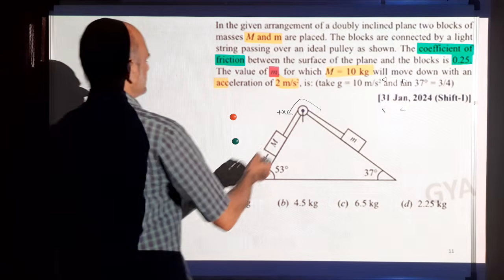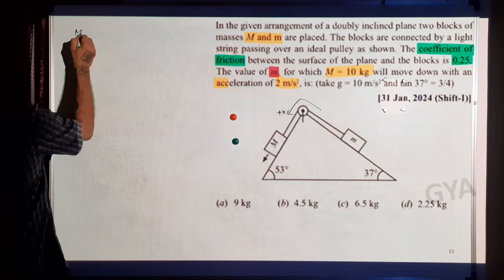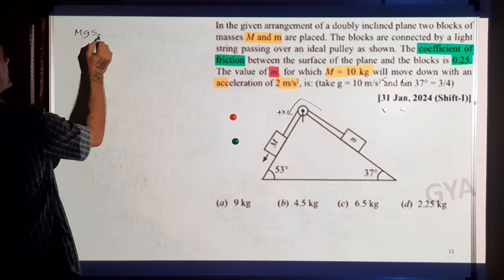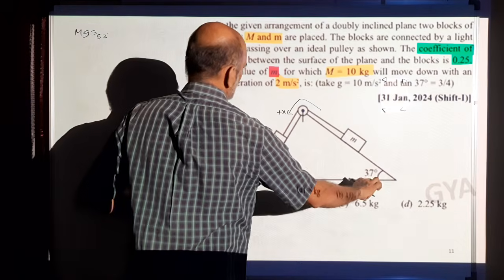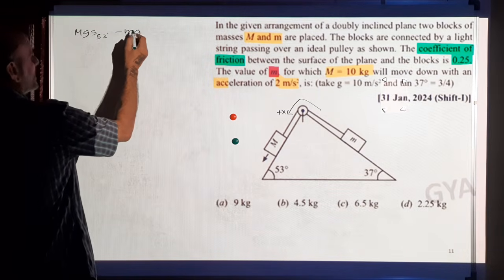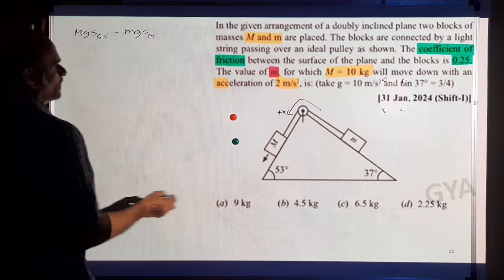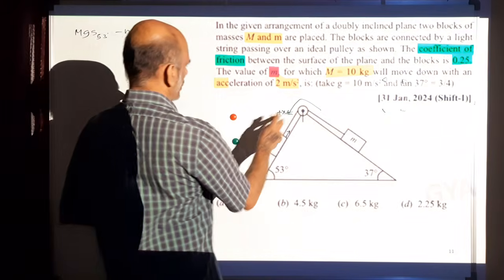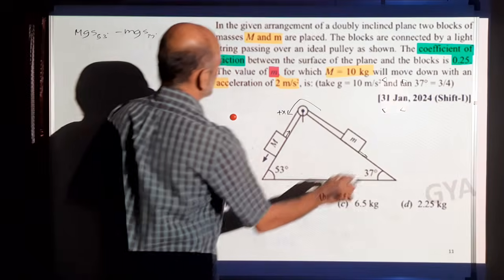So the forces acting in this positive x direction are Mg sine 53, and mg sine 37 is in the negative x direction. So minus mg sine 37. And this friction force here is upwards, so it will oppose the motion. The friction force here is this way, following the negative x direction.